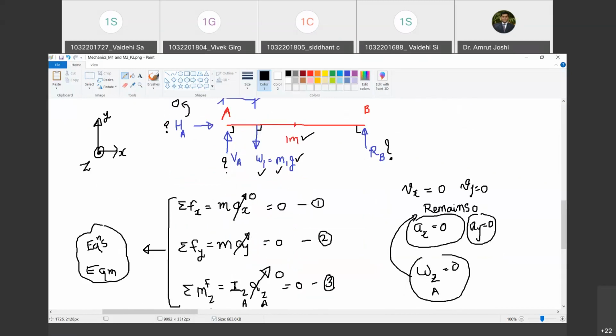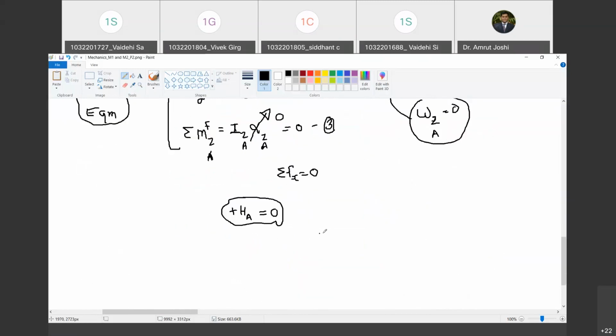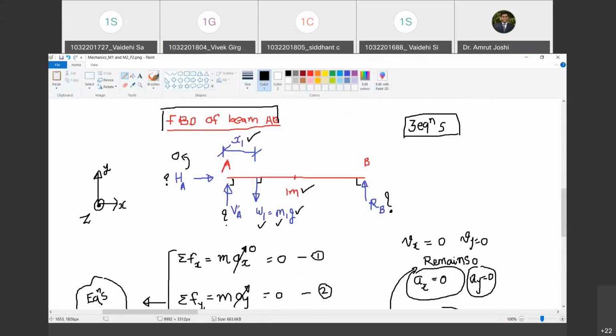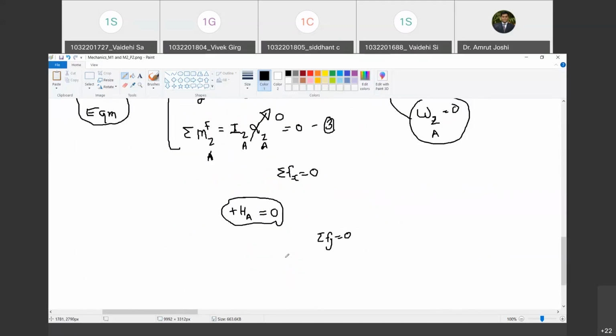Now, what about summation Fy equal to 0? What does it give me? If I apply summation Fy equal to 0, will HA have any component in the vertical direction? No. What should I write for VA? Plus or minus VA? Plus. Plus VA, minus W1, plus RB. Are you with me?